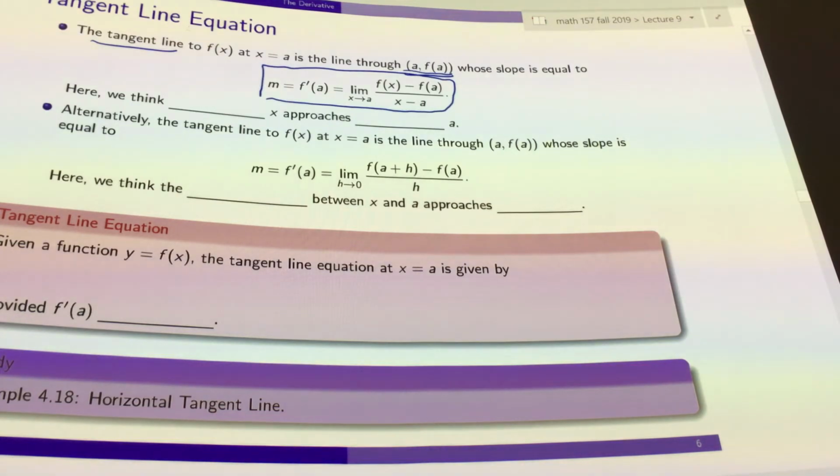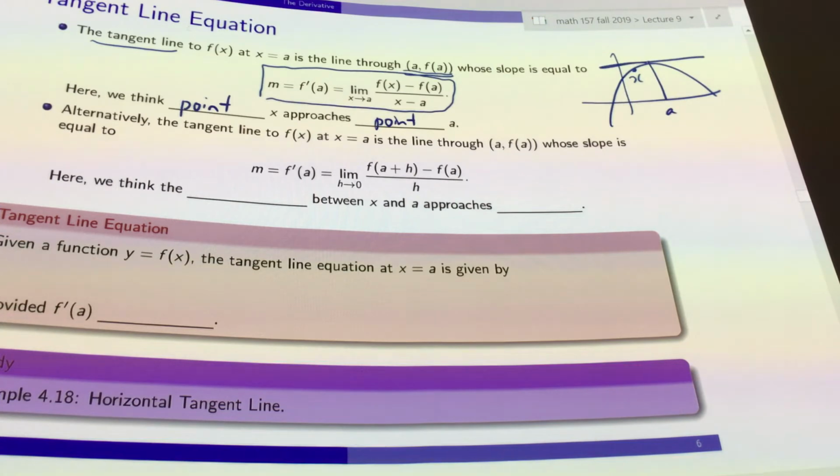So you find me the derivative, then we have the slope of the tangent. Here we think of the point x as equal to a. If you have a graph here, this is a, you're actually finding this tangent, at x equal to a.